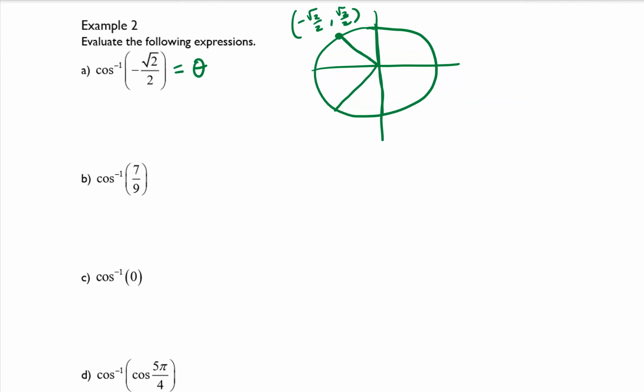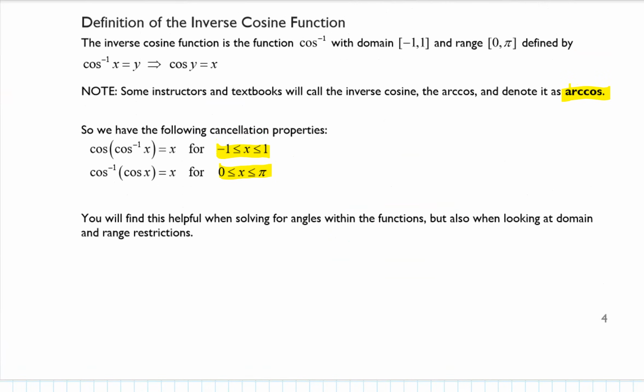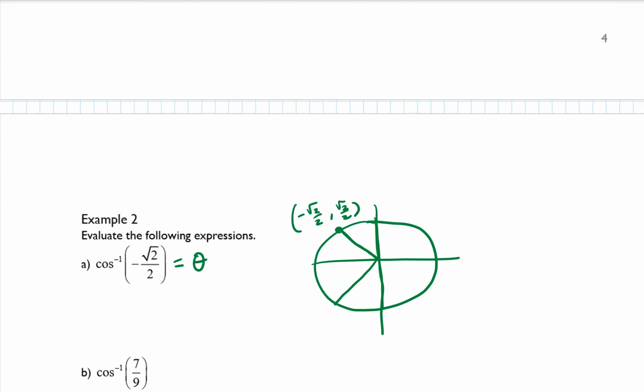And let's come back up here really quickly. The range of our arc cosine function is between 0 and pi. And so that means that the angle that we're looking for in part A is either going to be in quadrant 1 or quadrant 2.